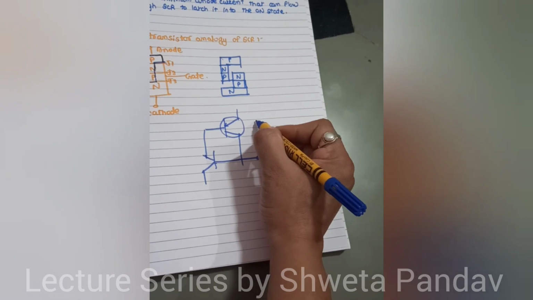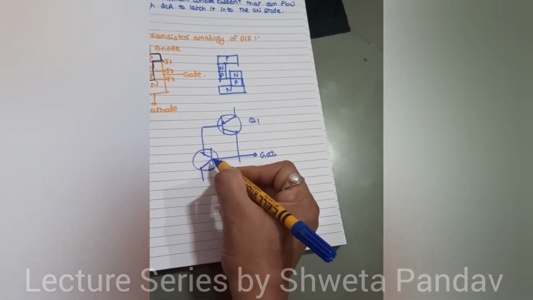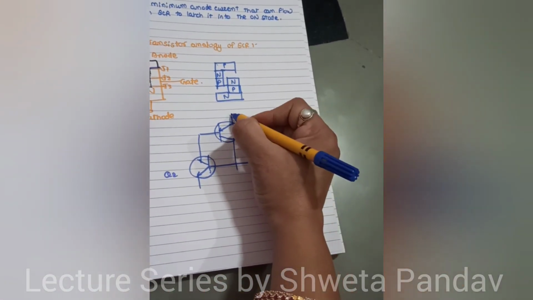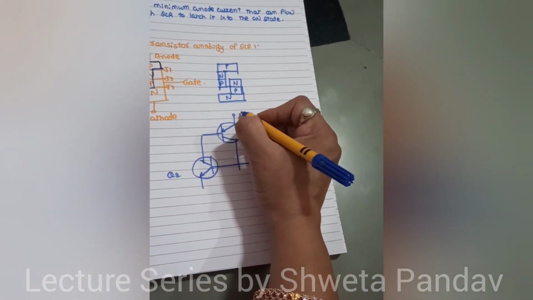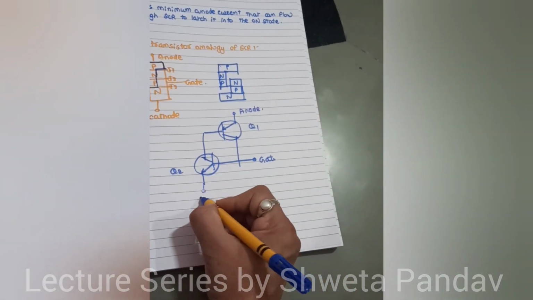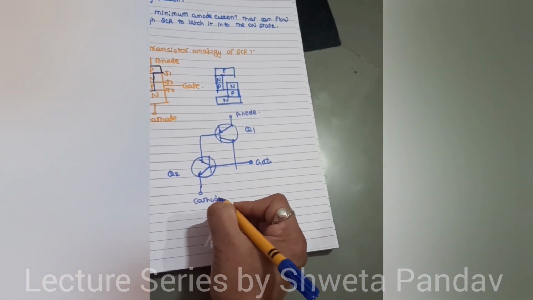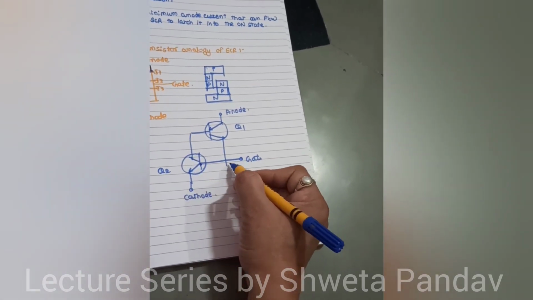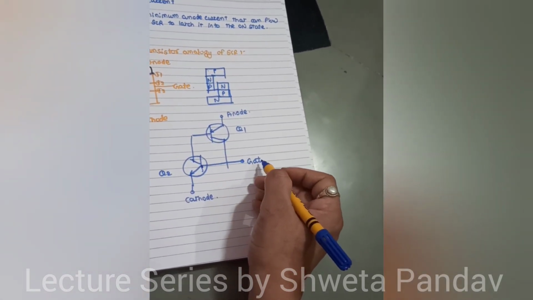Suppose this is the Q1 transistor and this is the Q2 transistor. The emitter of Q1 is connected to the anode terminal, the emitter of Q2 is connected to the cathode terminal, and the base of Q2 is connected to the gate terminal.